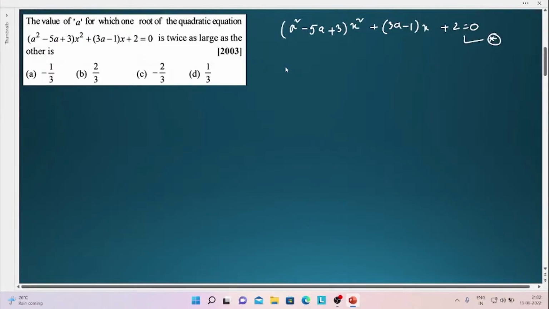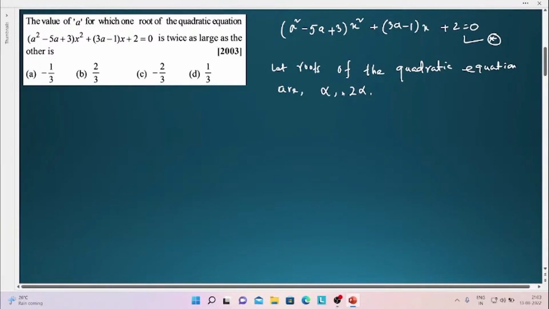So if we take one root as alpha, then the second root will be 2 alpha, because it is given that one root is twice the other. So let the roots of the quadratic equation be alpha comma 2 alpha.